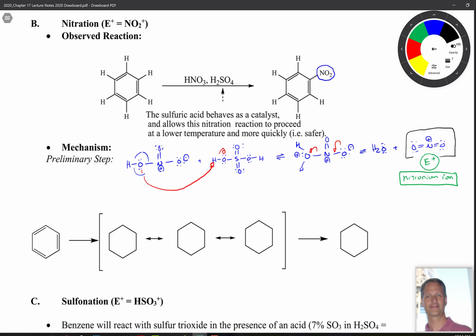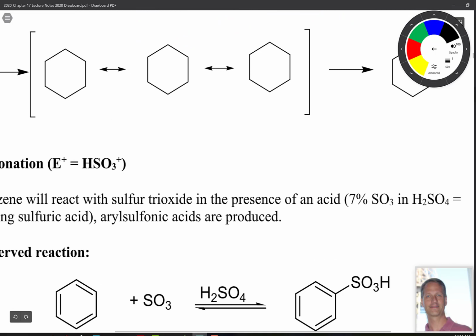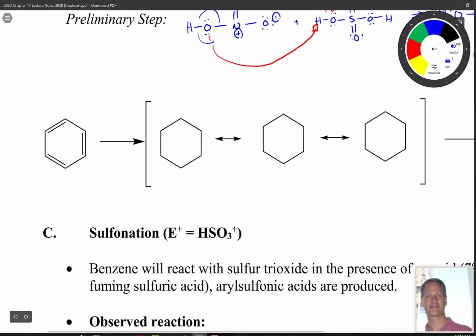All right, so let's take a look at the reaction down here. So here we have benzene, right? And we're going to add our nitronium ion. So let's put that in here. I'm going to write this thing up on its side so I can fit it in. There's your nitronium ion.